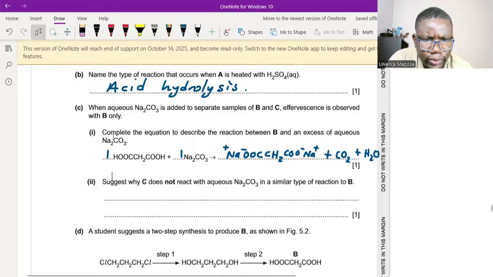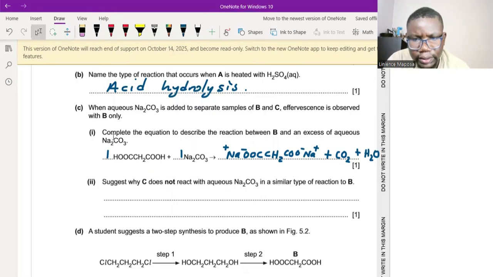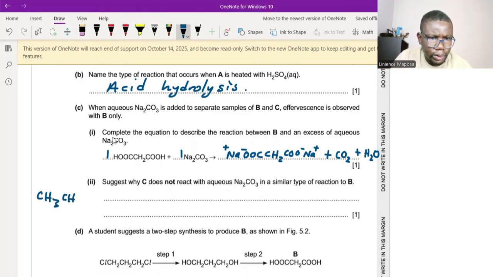Suggest why C does not react with aqueous sodium carbonate in a similar type of reaction to B. Why does it not produce effervescence, carbon dioxide, and all that? Because it's an alcohol, it's ethanol. Remember the positive inductive effect. Ethanol is CH3, CH2, OH.